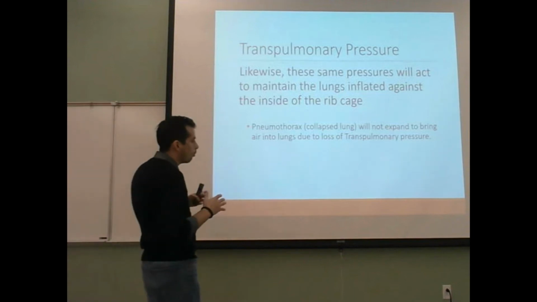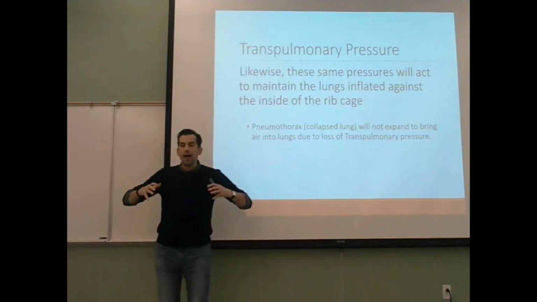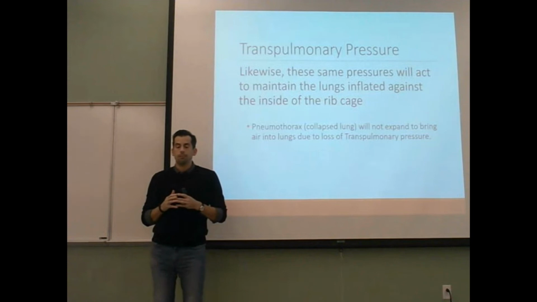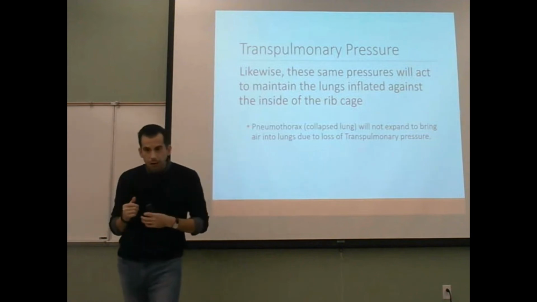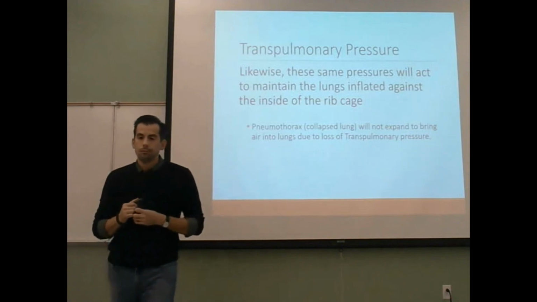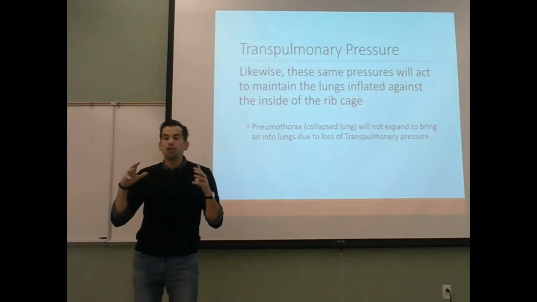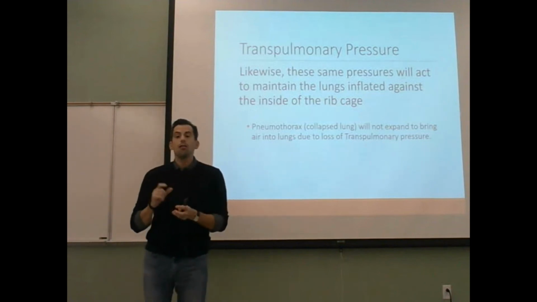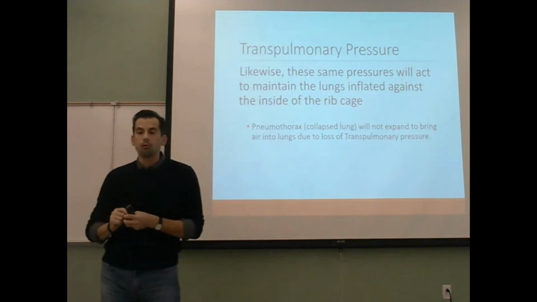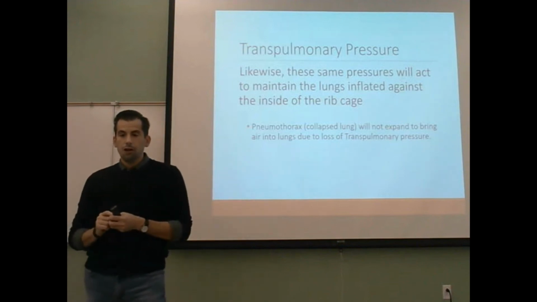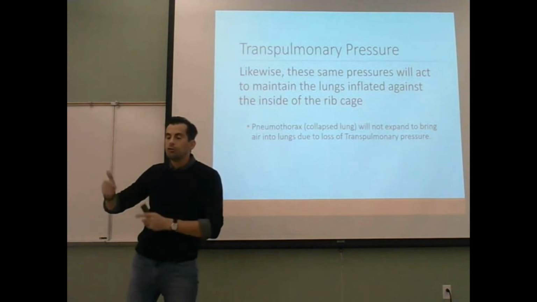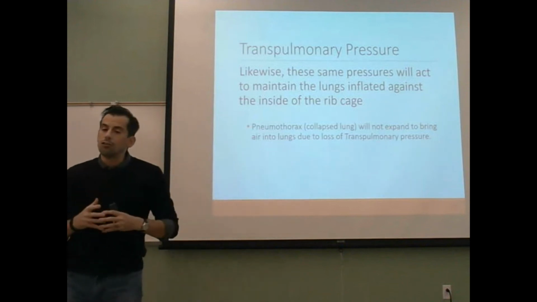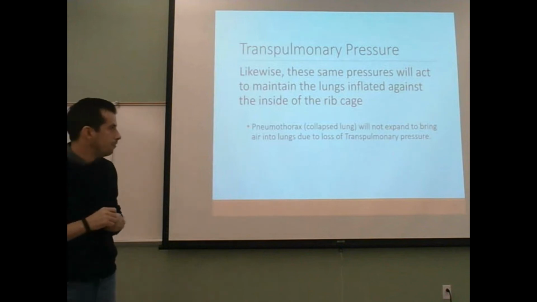Because not only are we able to move the lungs up and out when the rib cage moves, but even if you were to sit there and hold your breath, there's tension on that lung tissue. But the lung tissue itself is not able to pull away from the inside of the ribs, because if it does, it's going to be expanding its own pleural cavity. So the same forces that allow us to stretch the lungs as the ribs move are the exact same forces that keep the lungs inflated up against the inside of the cavity.